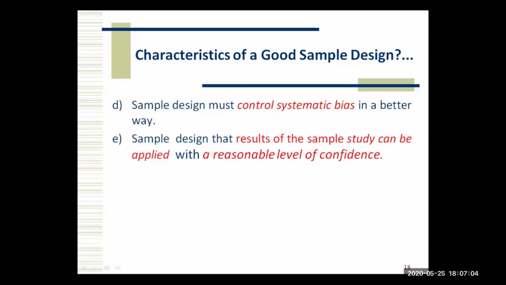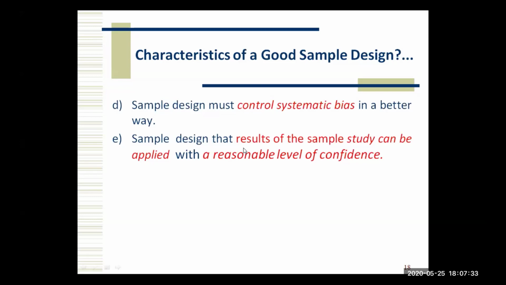The sampling design must also result in a sample study that can apply with a reasonable level of confidence. That means the level of significance allowed by statisticians is between 10% and 1%. A 10% level means you are developing your sample design about 90% correct and 10% error.